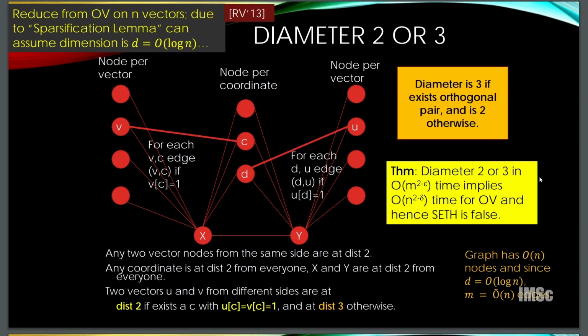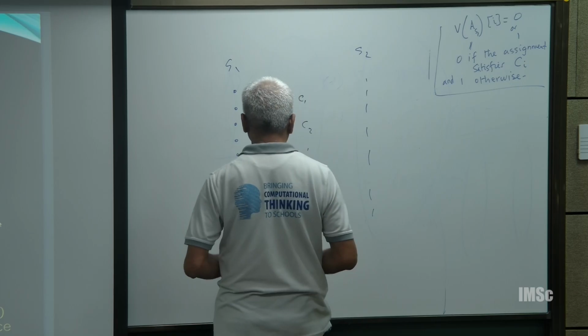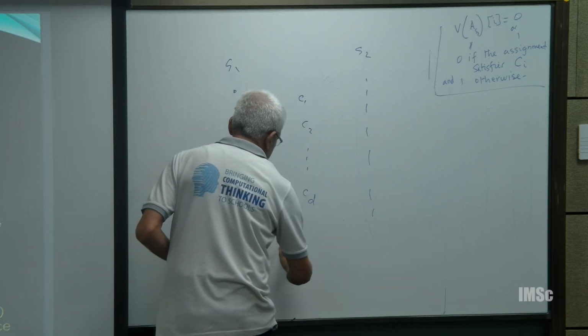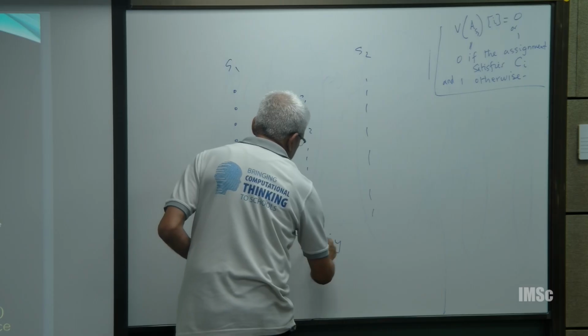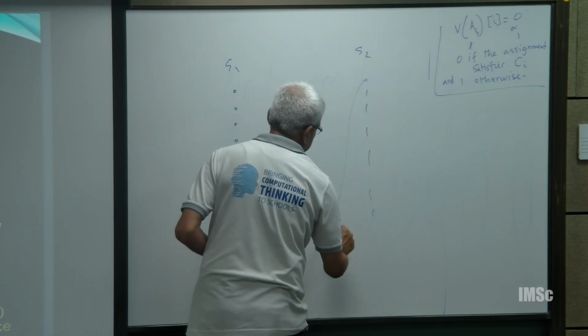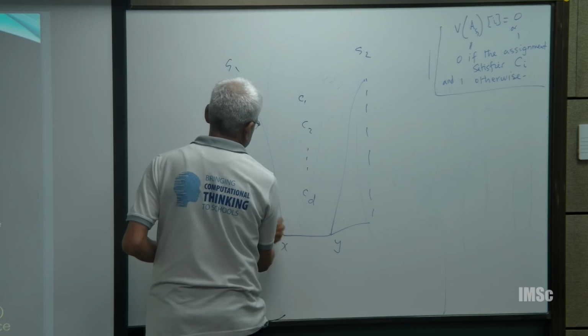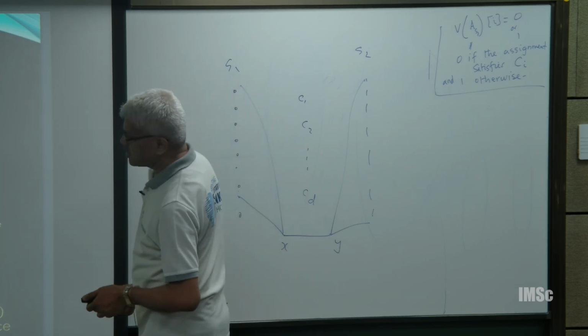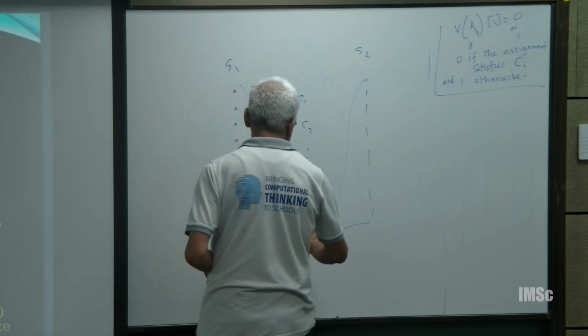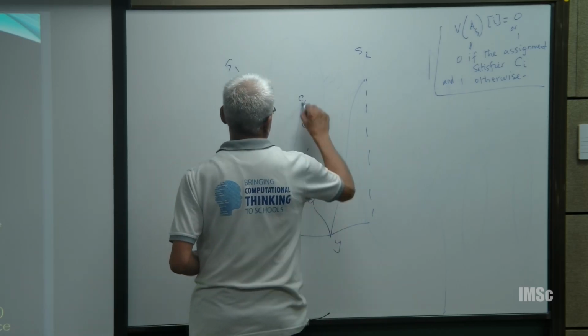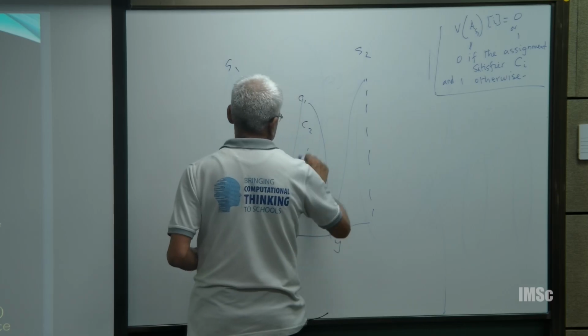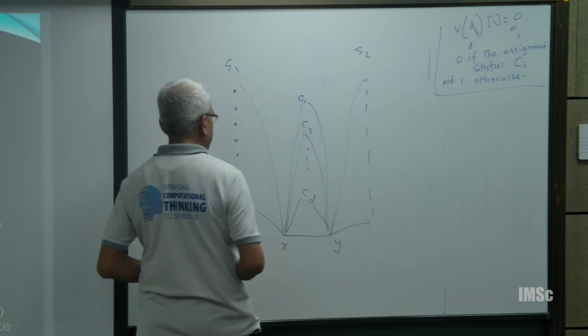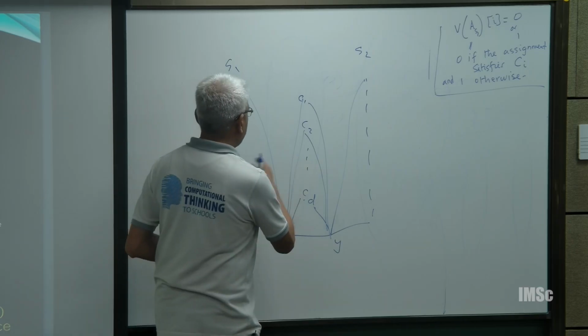So, then there are two sets of vectors. Now, how am I going to draw edges? First of all, there are two extra vertices I am going to add, x and y. y is going to be adjacent to all of these guys, x is adjacent to all of these guys, and x and y are both adjacent to this middle. Now, I have to tell you how the edges across are.